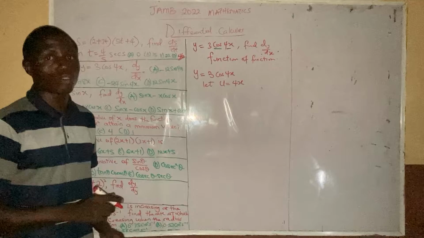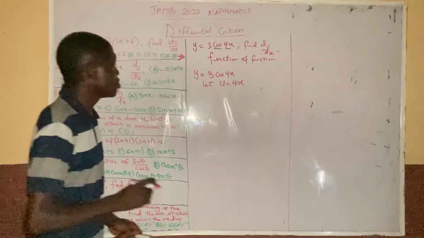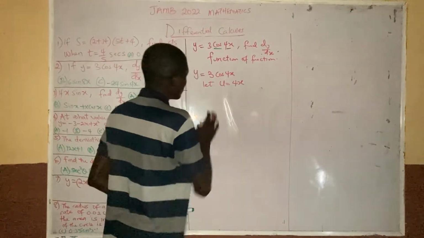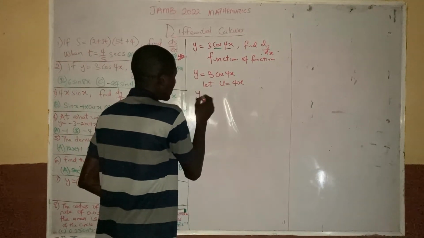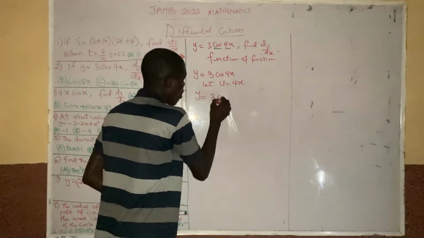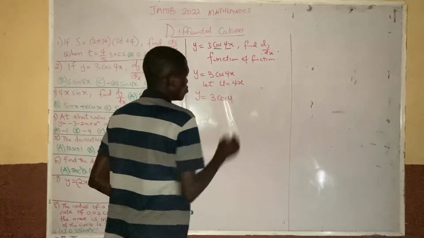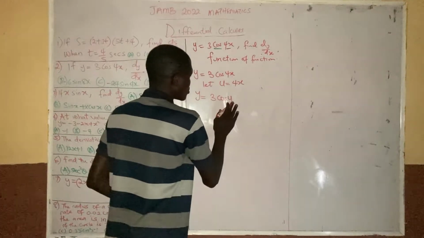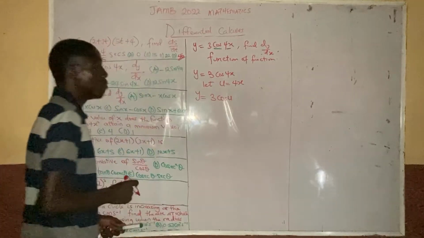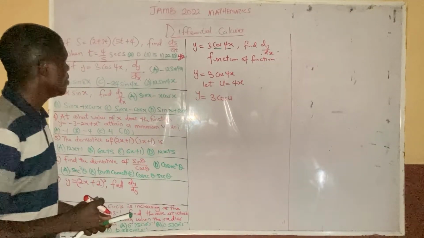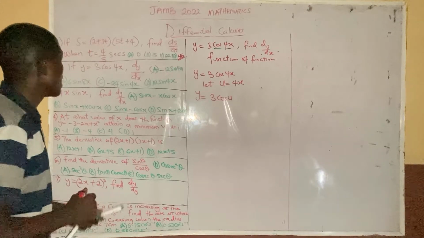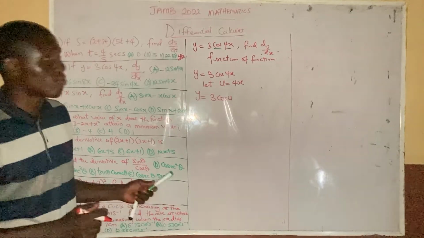If u equals 4x, your function now becomes y equal to 3 cos u.